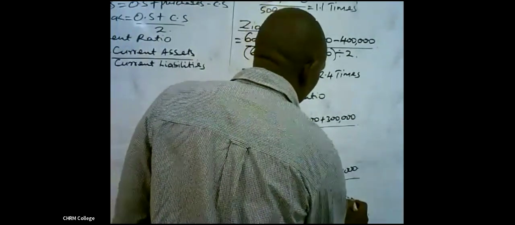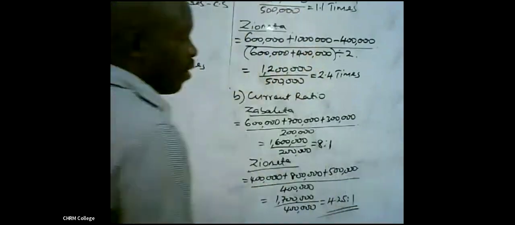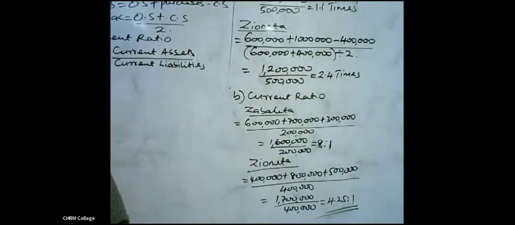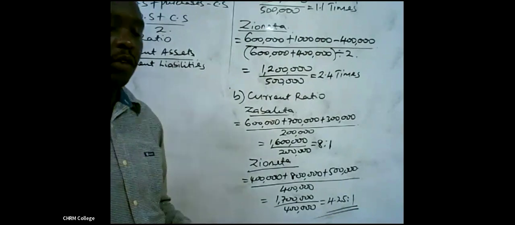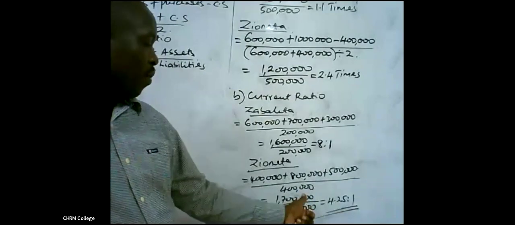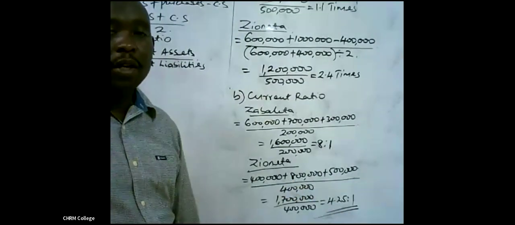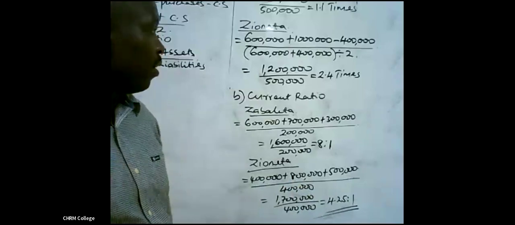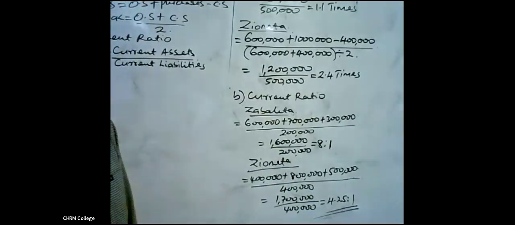You put it in the form is to 1. Current ratio, quick ratio, acid test ratio, those are the liquidity ratios. So 4.25 of the current assets supports 1 of current liability. It is still a bit high.